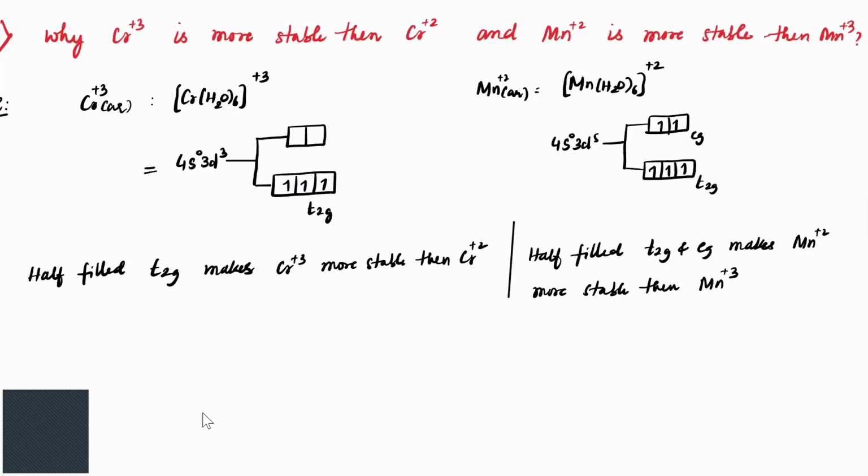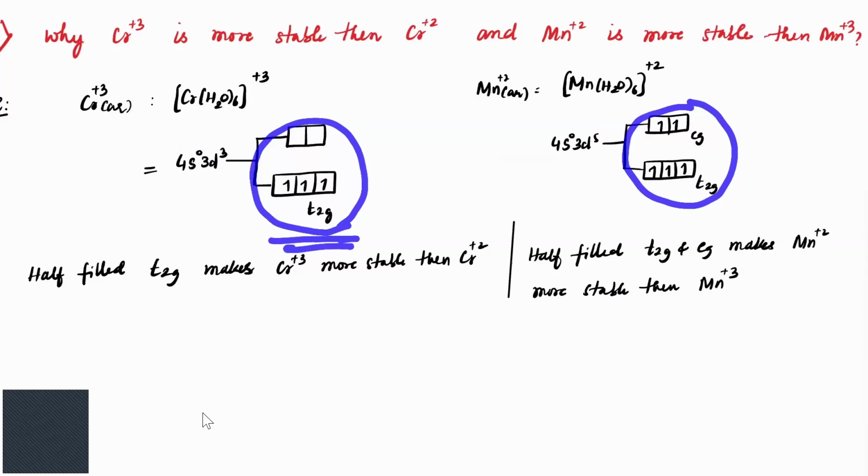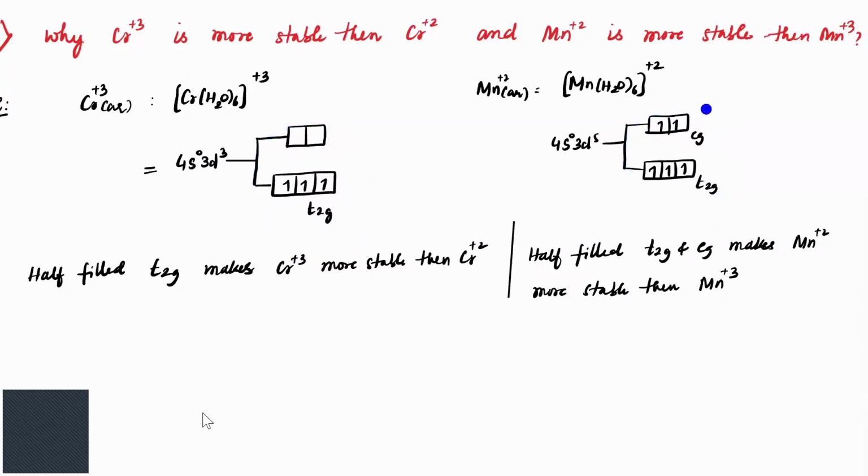Got it? Now, you might counter-argue that the CFSE value is not very good here. In this case, it can be explained based on CFSE, but here we cannot explain much on the basis of CFSE. Yes, here it is not just the CFSE value which we have to consider. We have to look into how the half-fill stability is.